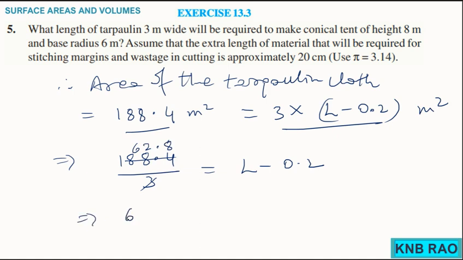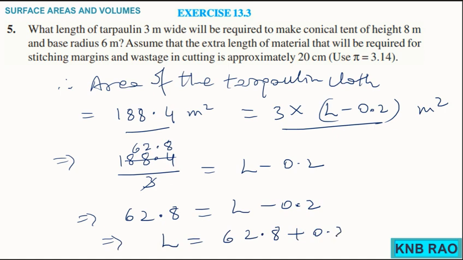So it is 62.8 equals L minus 0.2. 0.2, if it is a subtrahend, comes to this side, it becomes an addend. So L equals 62.8 plus 0.2, thus it is 63 meters. So the length of the tarpaulin that we need to buy is 63 meters.